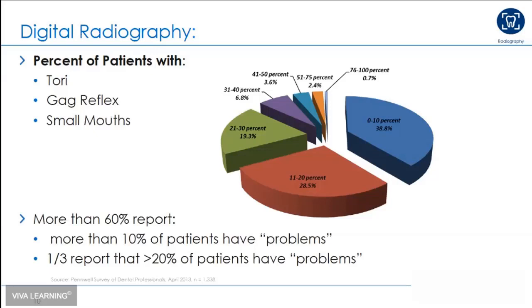Let me tell you, by the way, when we're talking about a gag reflex, something we've tried over the years, regardless of analog film, hard rigid sensor, or phosphor plate, I learned many years ago to do a temporal tap. When the film is placed, you quickly use your 3 middle fingers, tap the temporal region, and that disorients their sense, and you can accomplish it.